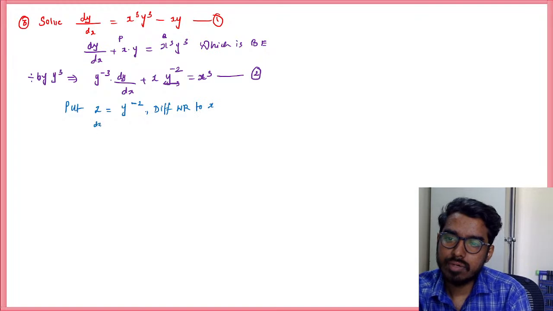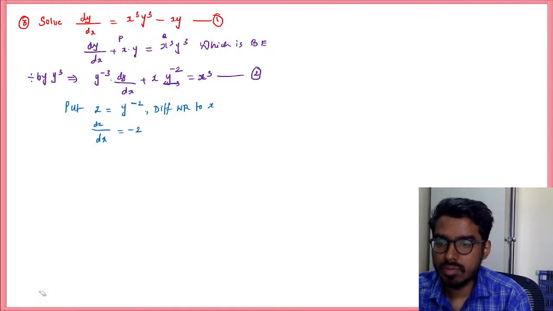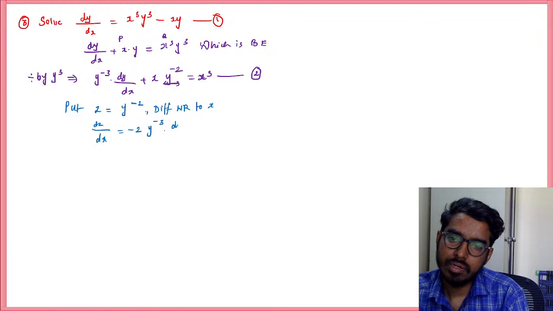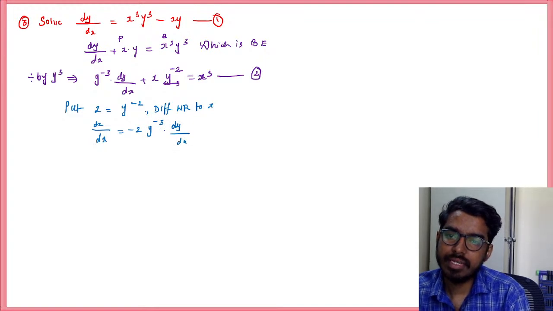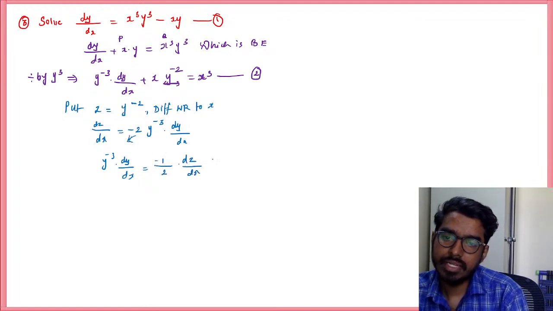You will have dz by dx is equal to minus 2 y power minus 2 minus 1 dy by dx, right? That means the value of y power minus 3 dy by dx, bringing this term downside, is minus 1 by 2 dz by dx.